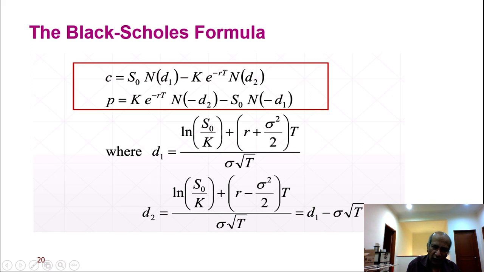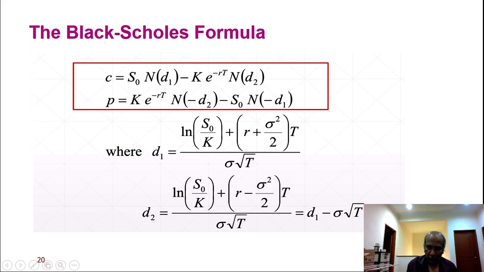So this is where the equation for d1, more simplified, you can straightaway calculate: natural log of S0 divided by K, plus r plus sigma squared divided by 2, times T. Natural log of S0 divided by K is one part, plus this fraction, the risk-free rate plus sigma squared divided by 2 times T. The entire thing is divided by the standard deviation times square root of T.